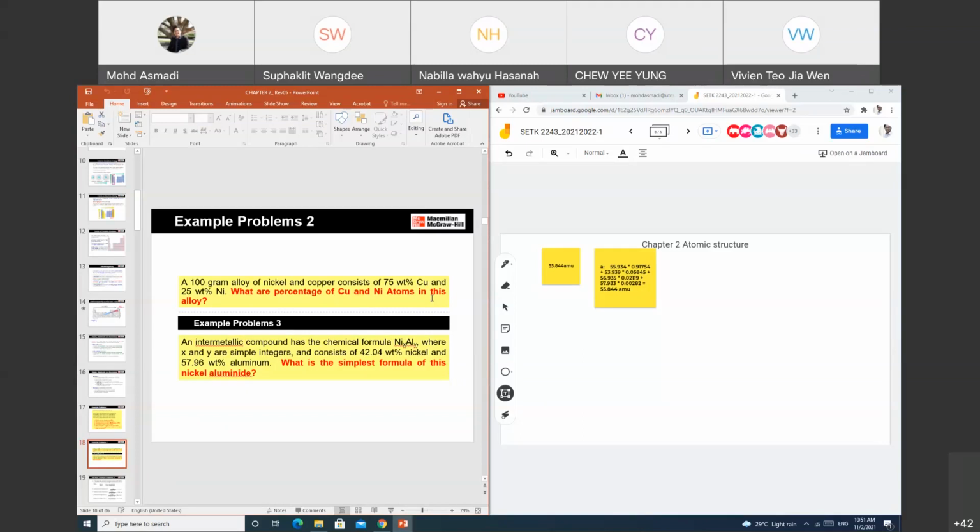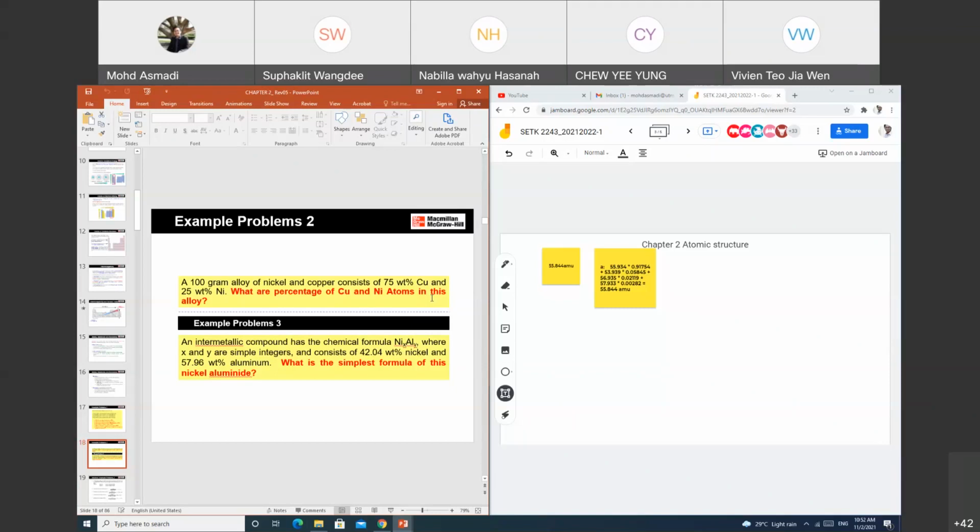Since it is 75% per 100 gram, multiplying 100 gram by 75% of copper, you get 75 gram of copper. You divide it by the atomic weight. Similarly you do for the nickel, and then get the total number of mole. The number of mole of copper divided by total mole of copper and nickel gives you the atomic percentage. Can you calculate?